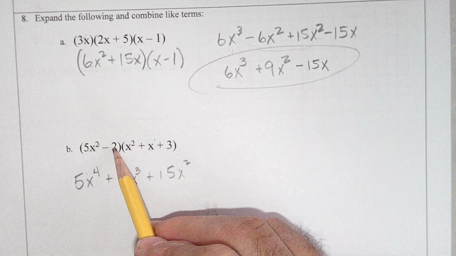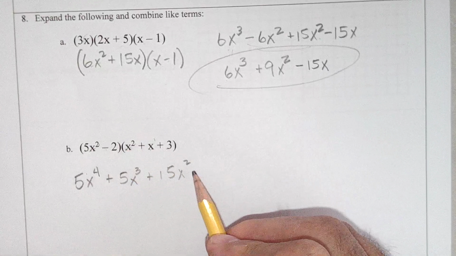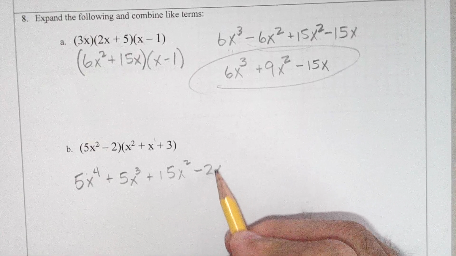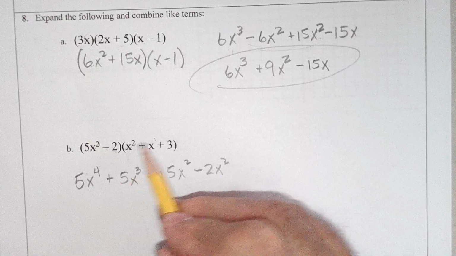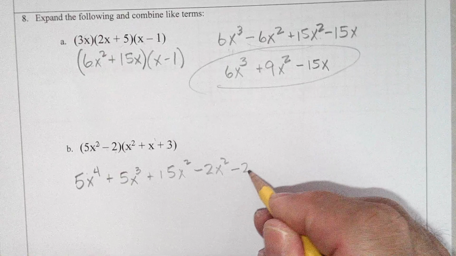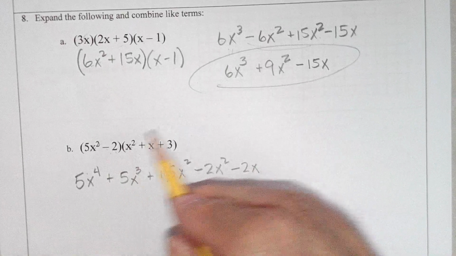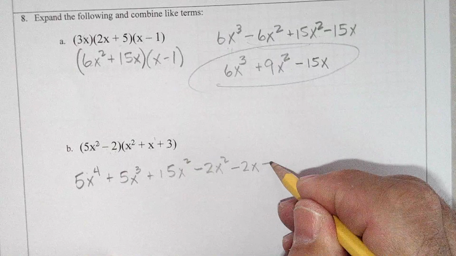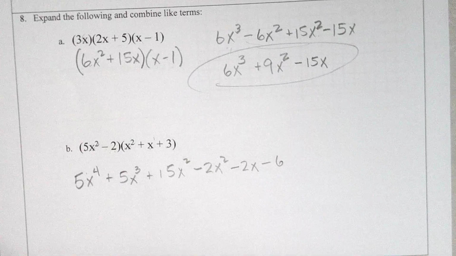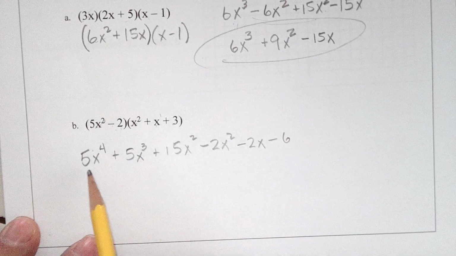Now I got to take negative 2 times each of those. So it'd be negative 2x squared, negative 2x, and negative 6. And now I combine like terms.